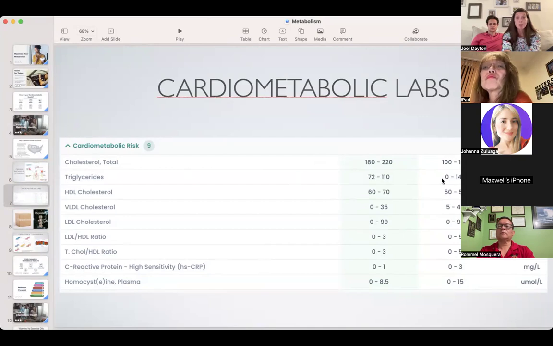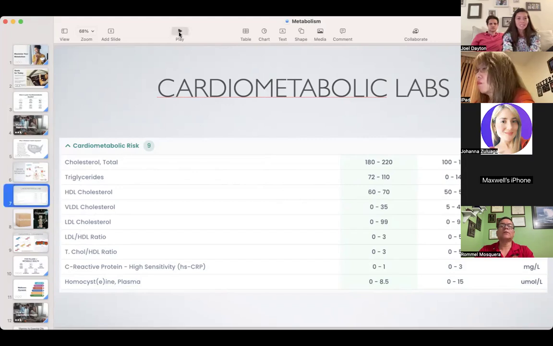Triglycerides, however, are smaller. You can see here the lab ranges that we typically get back on our reports is up to 149, but this is really where a lot of the plaquing derives from. So that's why it's more in that 110 range. The others we're going to go over in a little bit too, HDL and LDL. So let's go ahead and jump into that.